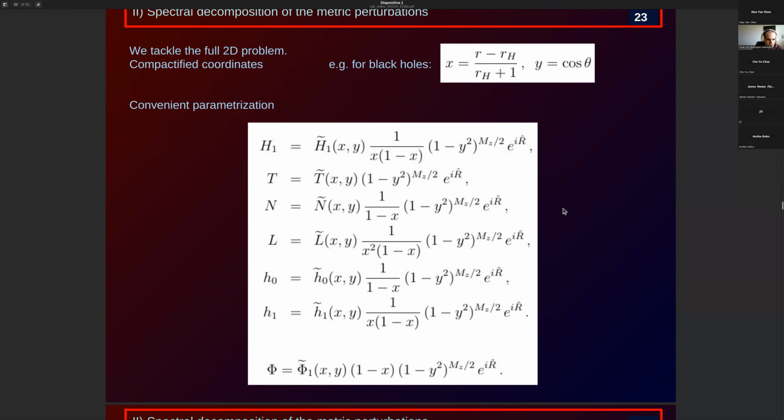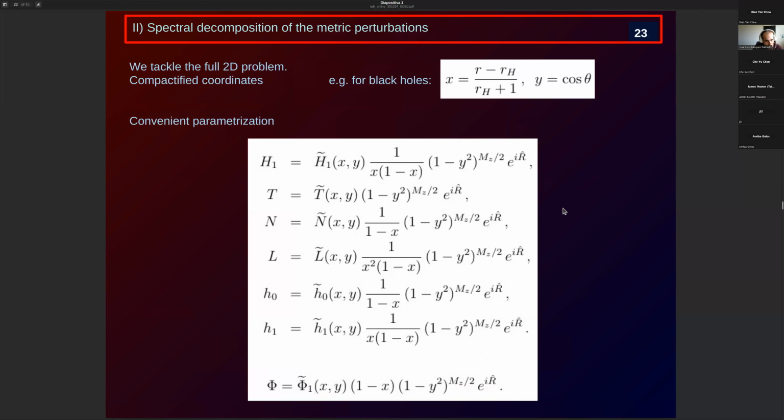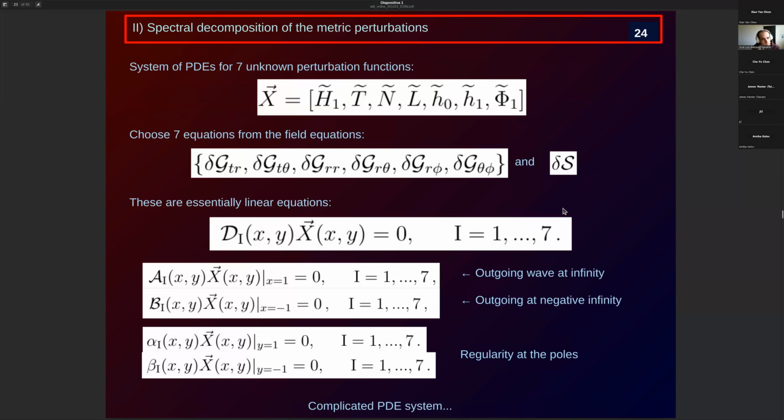But the idea is that now you have these perturbation functions that you have to solve for: you have a system of PDEs that depend on these unknown perturbation functions, and you have to solve this system in order to obtain the omega, the quasi-normal mode.